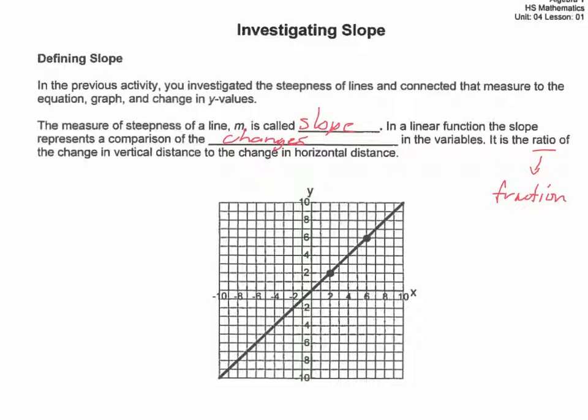It's the ratio of the change in the vertical distance to the change in the horizontal distance. Do you remember vertical on a graph would refer to which axis? Well, it would refer to the y-axis, whereas horizontal would have to refer to the x-axis.